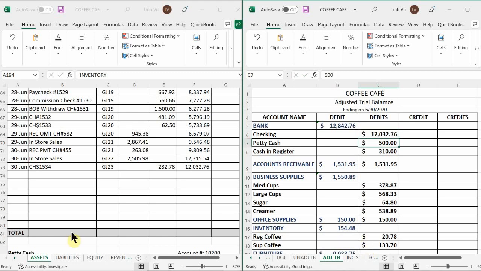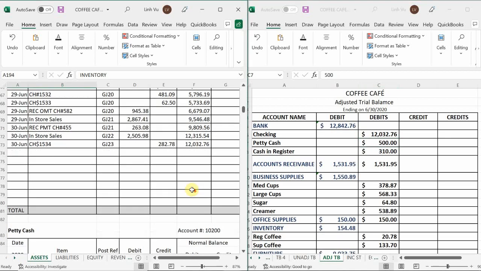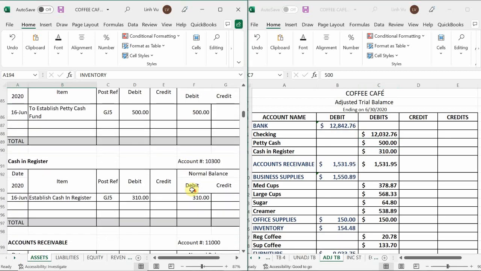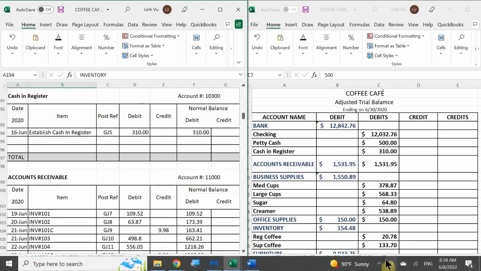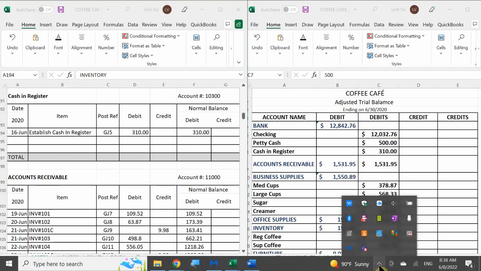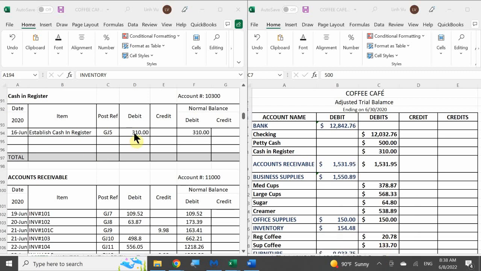Okay. My petty cash is the same, my cash register is the same, so that's all I did. I only made a change to my checking account because I wrote a check for the petty cash.